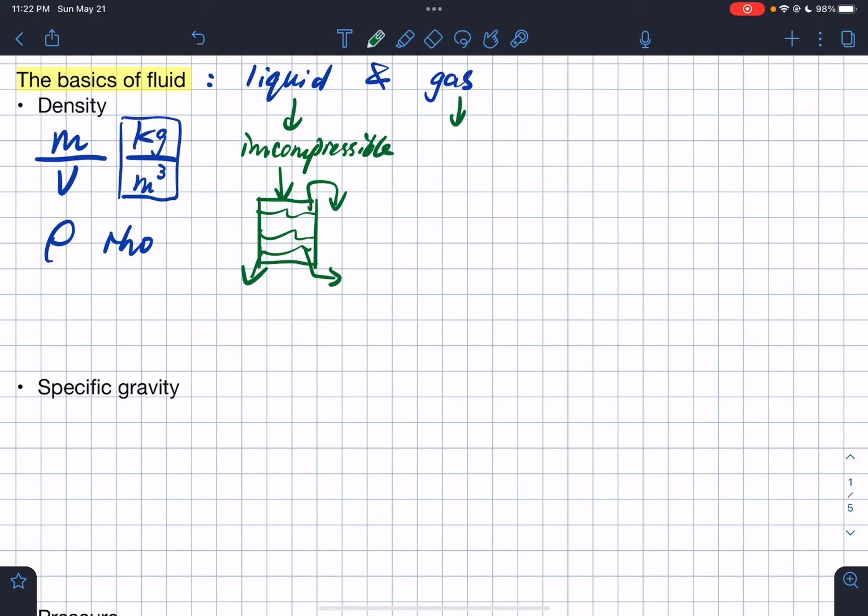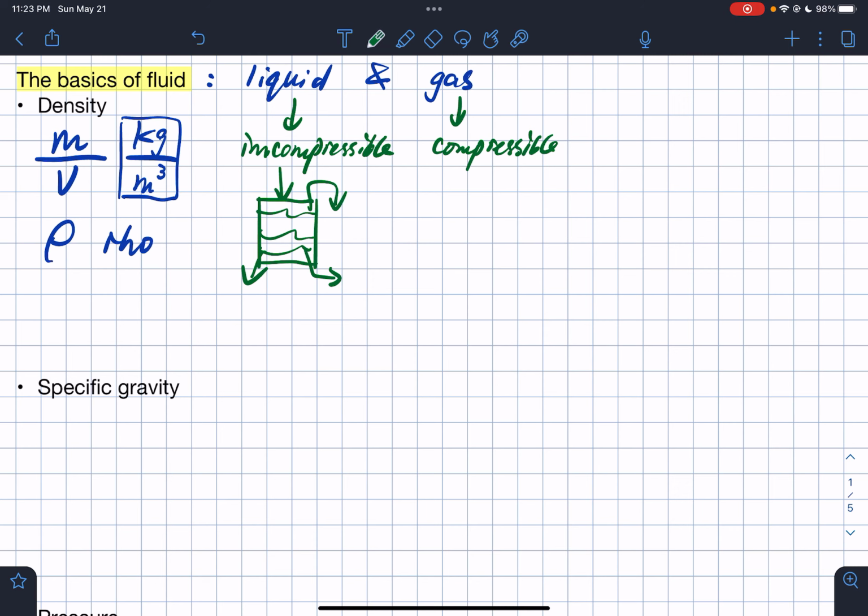Whereas gas is really compressible. So you can think of the different air pressure at different elevations, right? The magnitude of the air pressure will be different if you are at sea level versus on top of a huge mountain, right? All right.